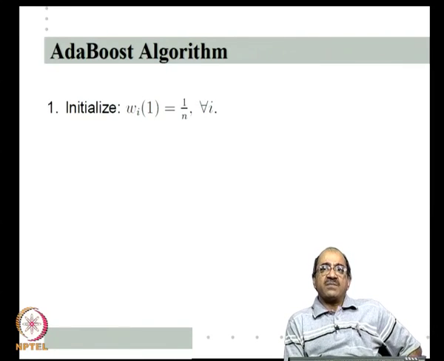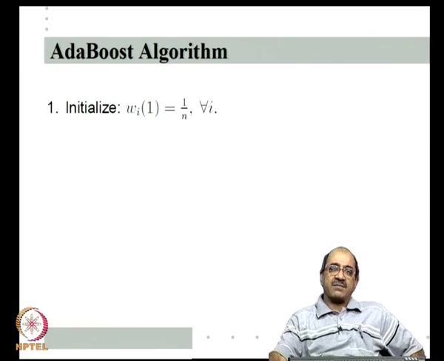That is, I keep taking n random samples from this example set. Each sample is independently chosen, and the probability of an xi, yi coming into my training set is given by wi, the weight at that time, wi of m, with m the iteration.